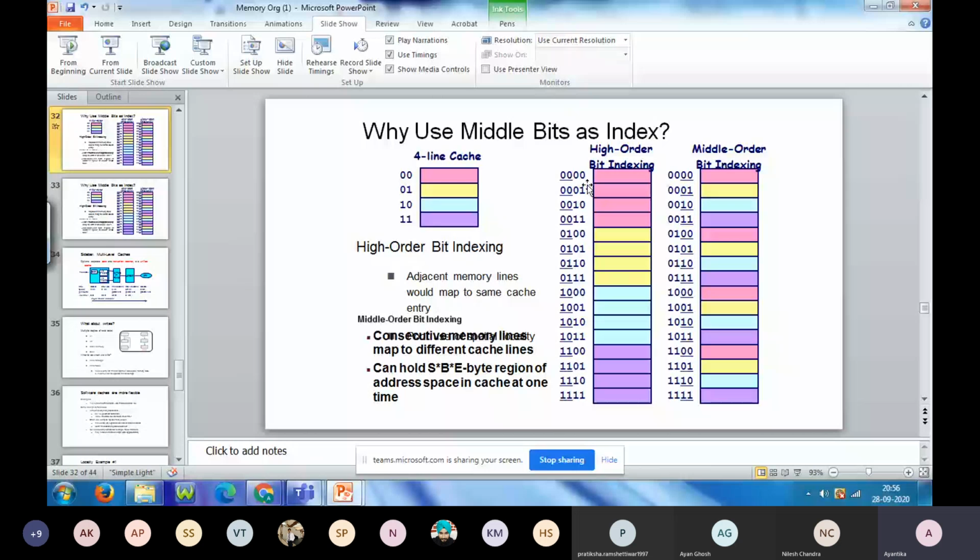Gradually the bits change like a counter, and there you have written your instructions. Now, if you are following high order bit indexing, what will happen? All those locations, 0001, 0010, 0011, are getting mapped to one single line of the 4-line cache.